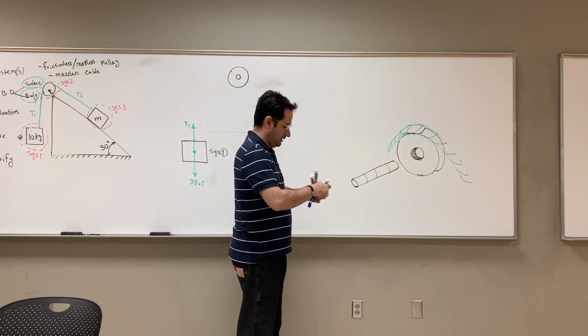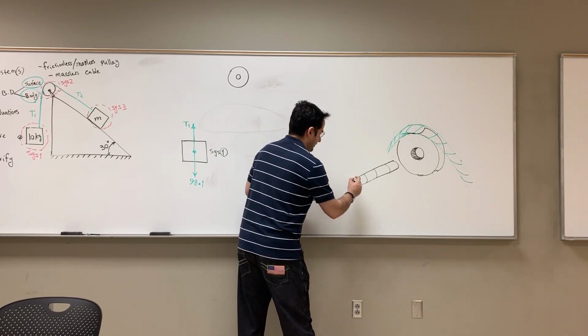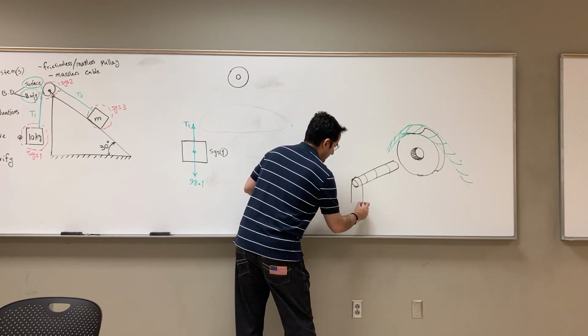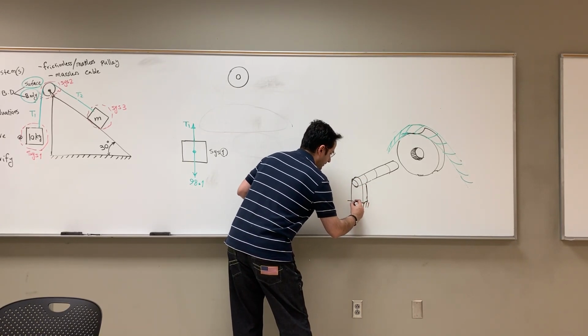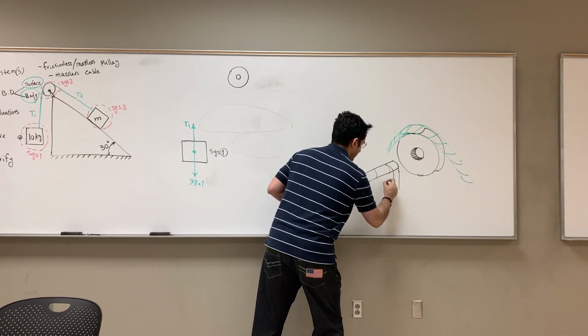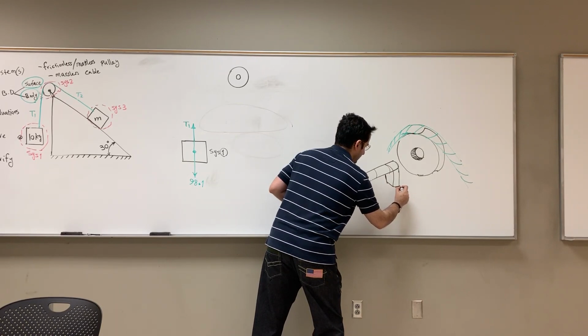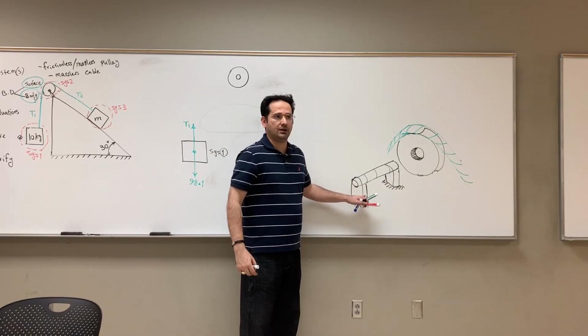Let's say this pin is connected to somewhere, let's say it's welded to two ends, welded to a surface. You see that? So this is the belt.